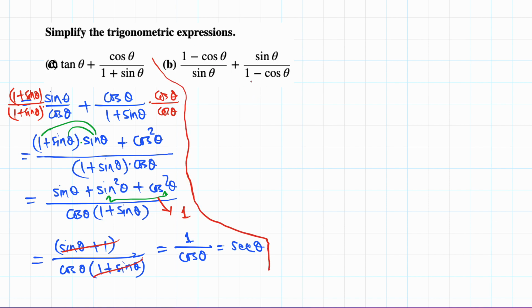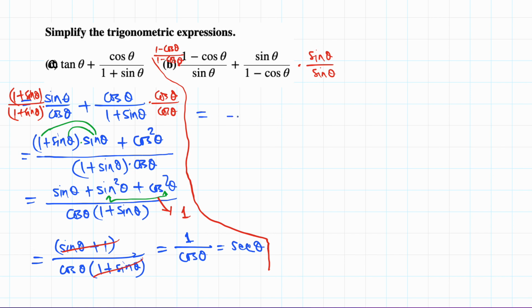Let's do part B. We already have two fractions, so we need to combine. We multiply the second fraction by the bottom of the first, which is sine theta over sine theta, and we multiply the first fraction by the bottom of the second, which is 1 minus cosine, so 1 minus cosine over 1 minus cosine.